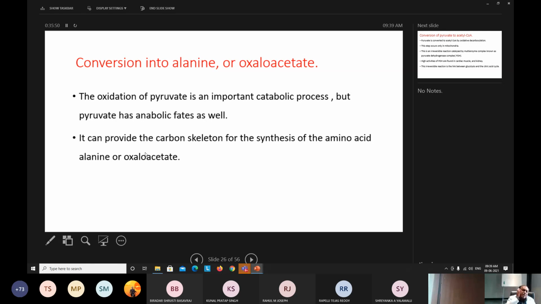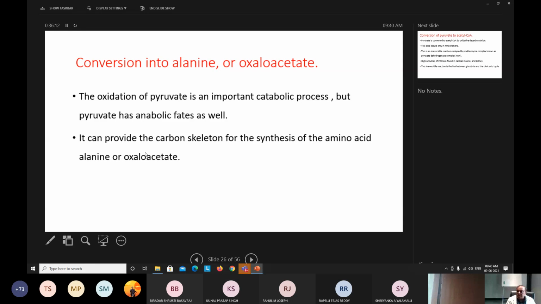You will come across this clinically when you learn about the metabolism of proteins. Two tests are based on the names of these two amino acids, alanine and aspartate: the alanine transaminase, ALT, and the aspartate or oxaloacetate transaminase, AST.